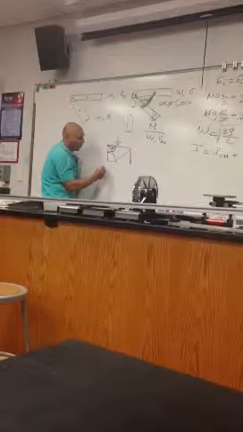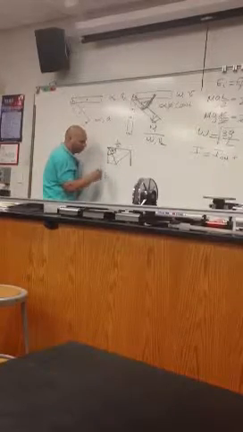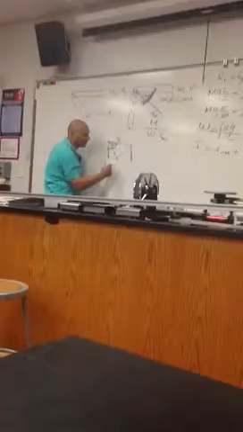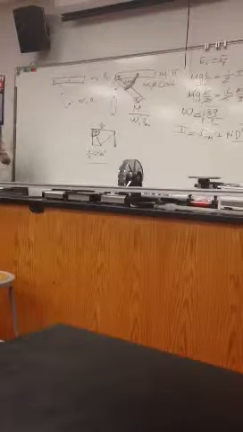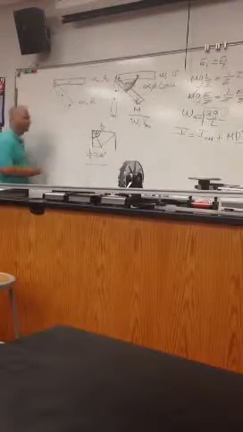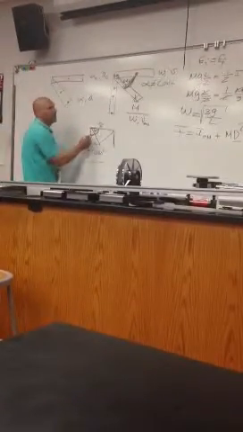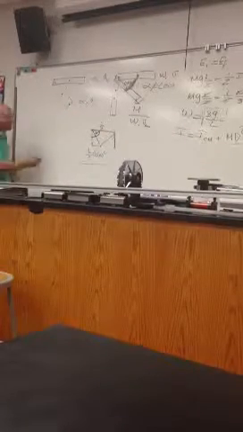So the height will be L over 2 cosine of, instead of 30, 60 degrees. Can you see that? It's very complicated, but you have to look at the picture and figure it out. If it's the whole thing, it will be L over 2. But in this case, it was a little bit more complicated.